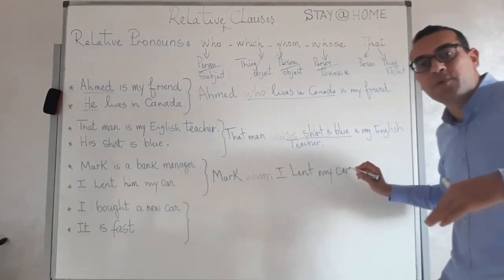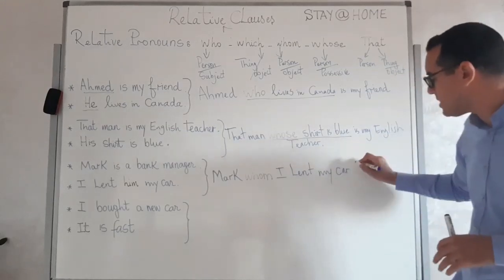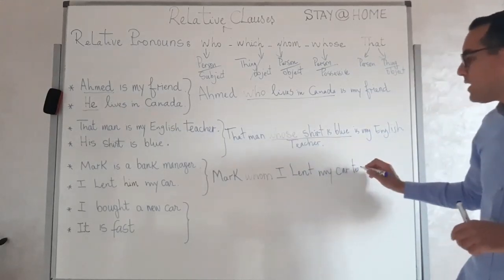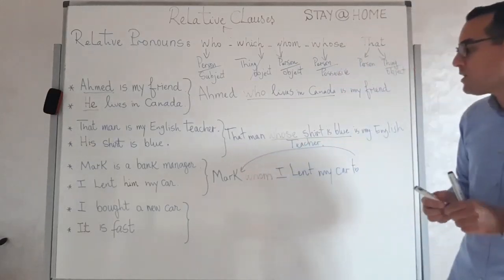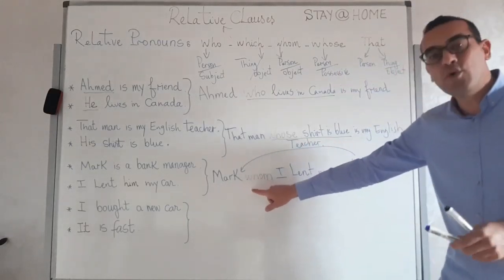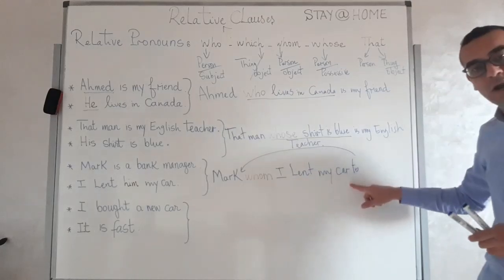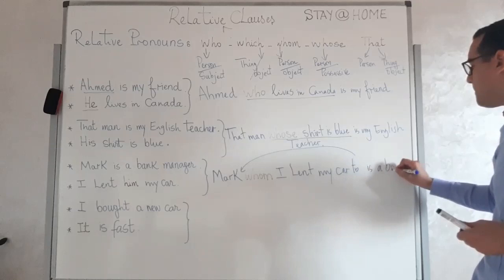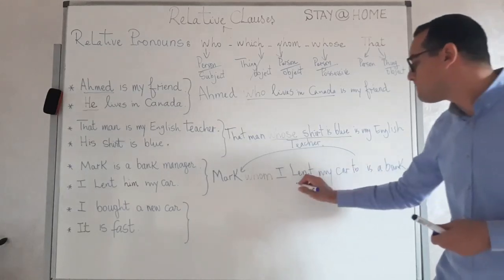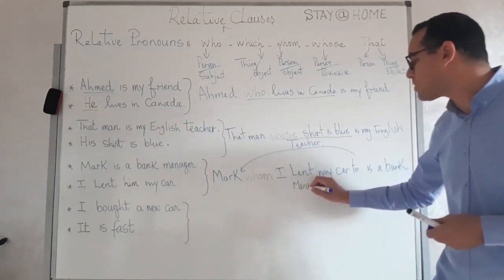We have a preposition that we insert here, which is to, and we can replace it to this position before whom. And it will be Mark, to whom I lent my car, is a bank manager.